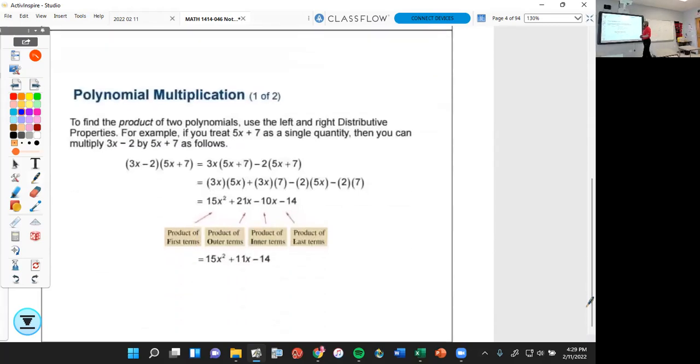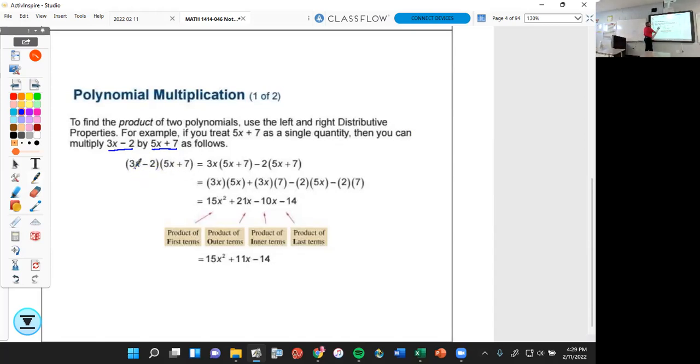So how do we multiply polynomials? Hopefully this is review to you. If I had 3x minus 2, which is a binomial, there's 2 terms there, and I wanted to multiply it by 5x plus 7. So I've got a binomial times a binomial. To do that, and it's written out right here, I have 3x minus 2 times 5x plus 7.